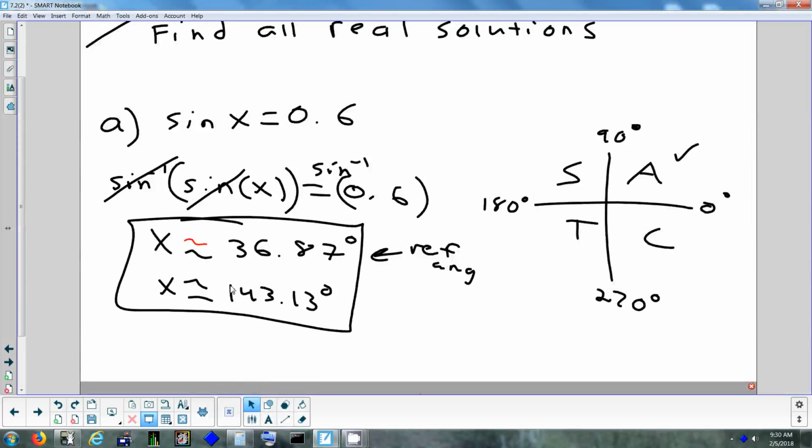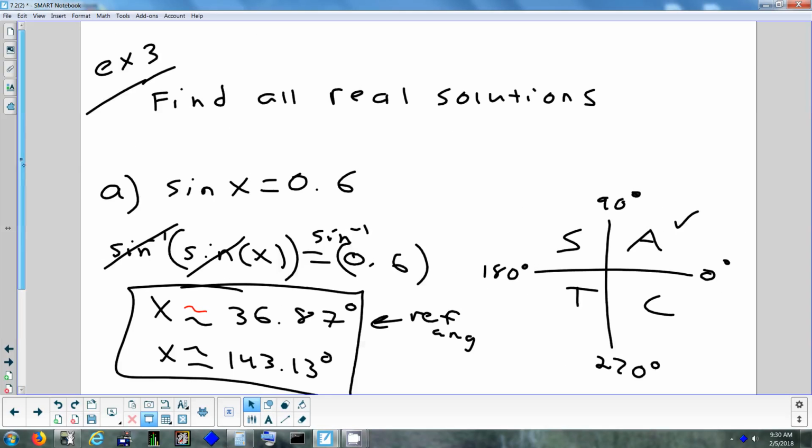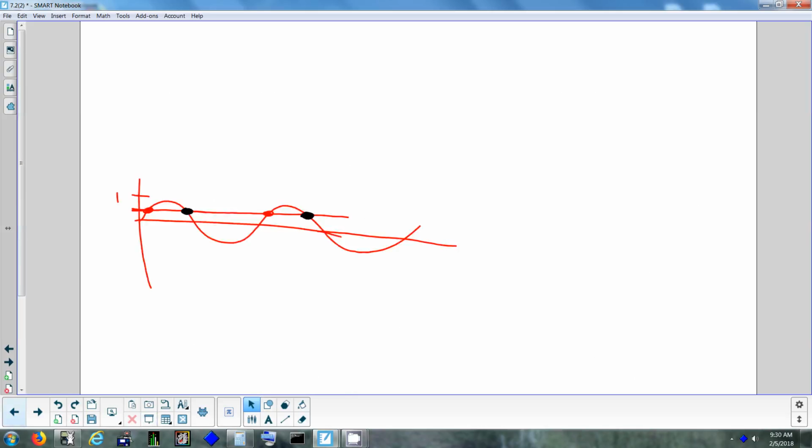Okay, so now let's double check by graphing it and see what happens. What we're basically going to get is a sine wave and a horizontal line, and it's going to hit it twice. It's going to look very similar to this picture right here. But I only want to focus on one section. There's no need to look at other answers later on.